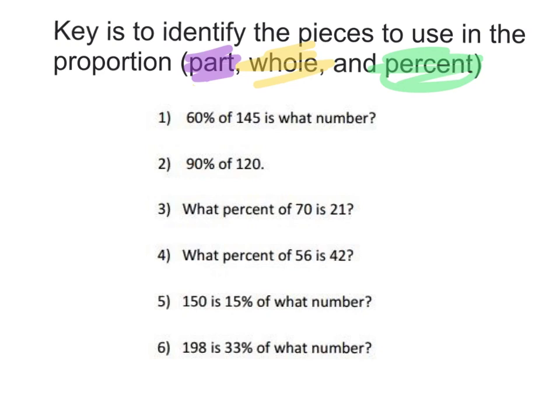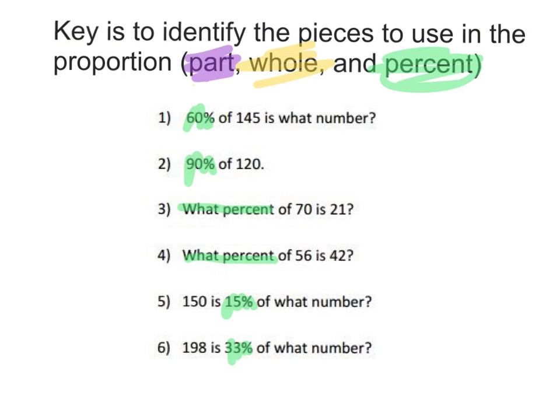It either has to have a percent sign, like right here in number 1 and number 2, number 5 and number 6, or we need to see the word percent. And that is typically, not always, but typically, next to what. It's going to be asking me what percent. So that tells me that is the piece that I'm looking for in those questions. Percent, either I see the percent symbol or it asks me for a percent.